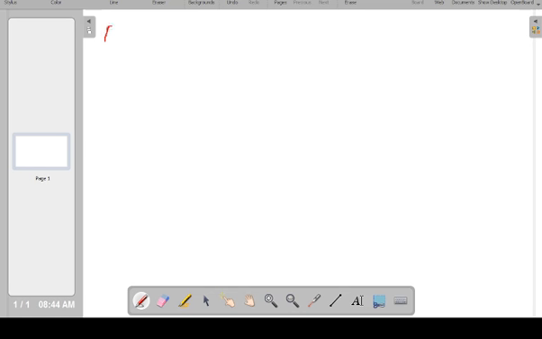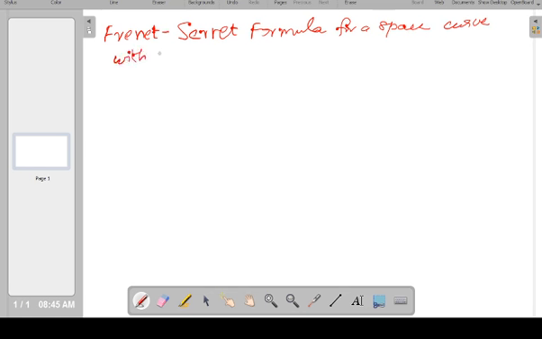Frenet, F-R-E-N-E-T, Frenet formulae for a space curve with non-zero curvature, so that torsion is defined. Let us derive first, then we will write the statement.